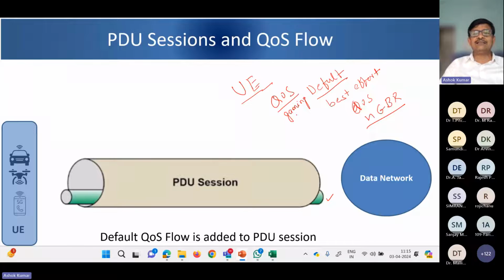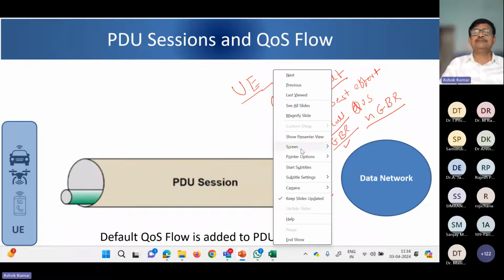So for that, a separate QoS flow will be added. And then suppose in parallel, the user equipment also wants to make a voice call. A voice call also requires GBR, guaranteed bit rate, and also some other quality of service parameters. So another QoS flow will be added.